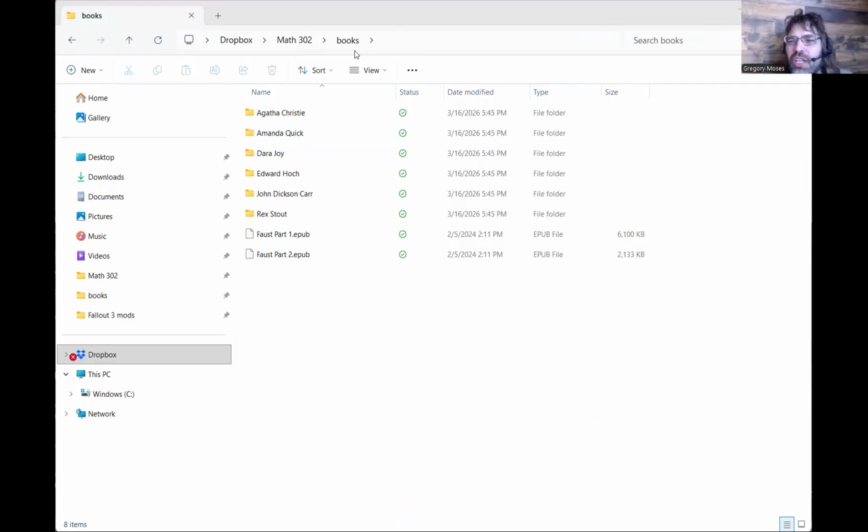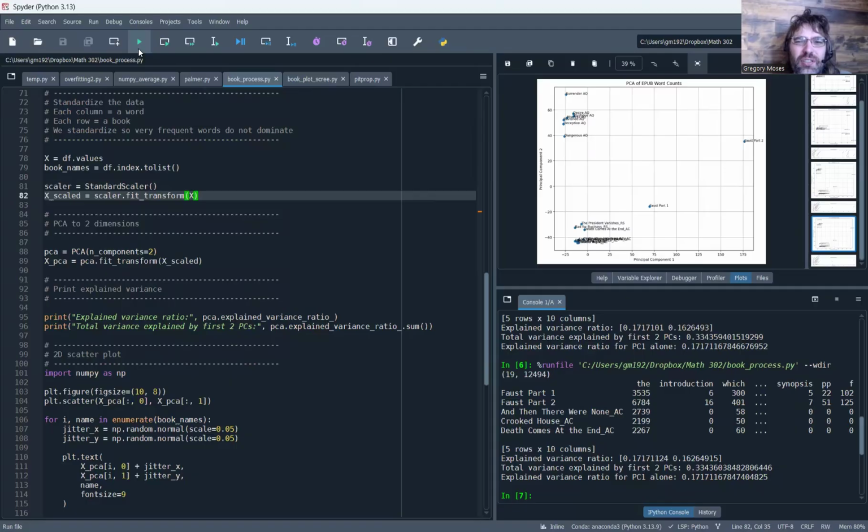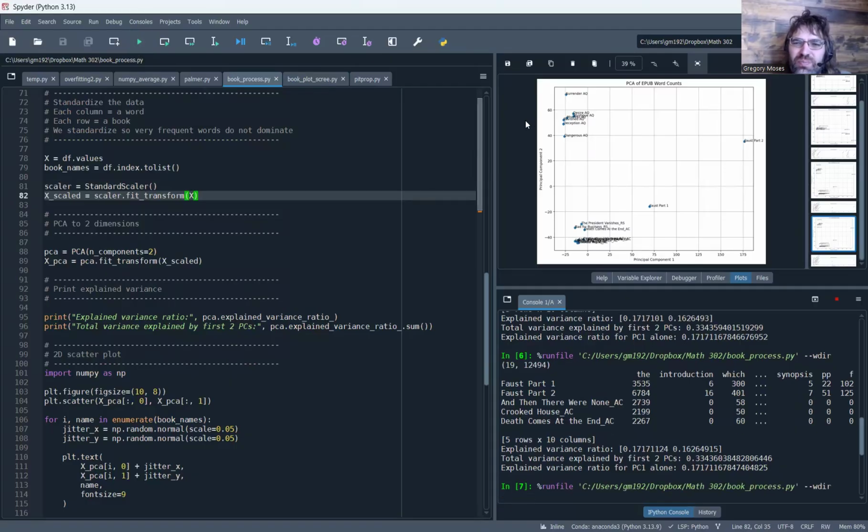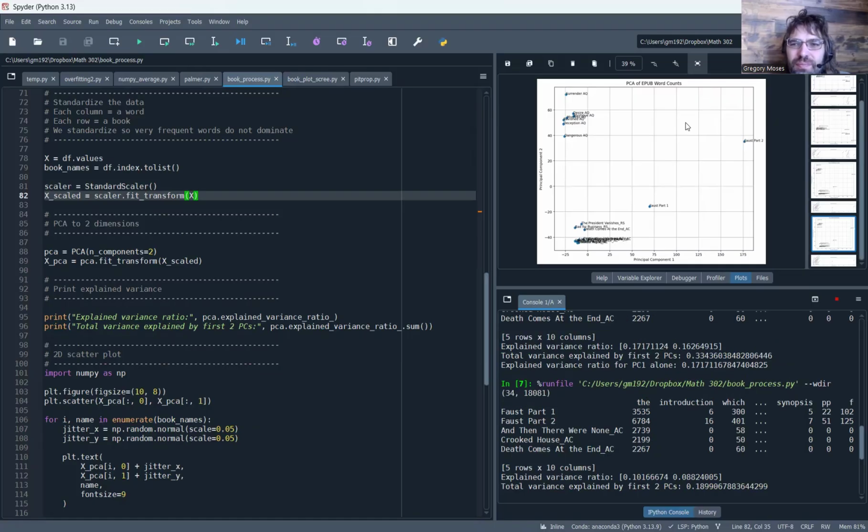And maybe we'll get what I was expecting to get. The bigger the data set, the longer this takes.